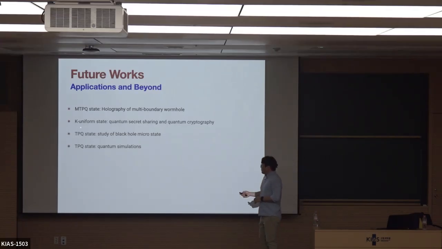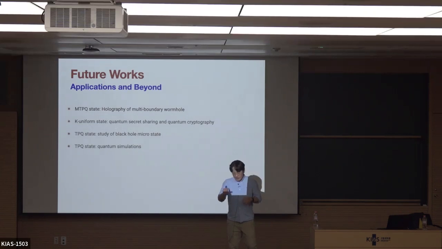And we characterize this K uniform state. And this K uniform state can be used in various applications. So, for example, nowadays quantum technology is very important. So quantum secret sharing, or it can be used in quantum cryptography because you have multiple subsystems. For example, 3 uniform states.